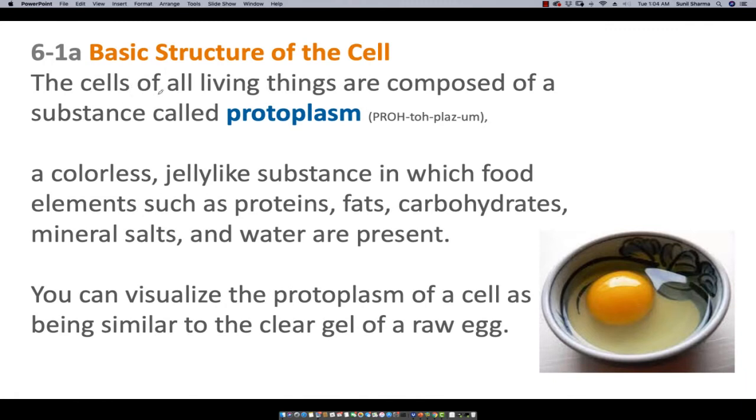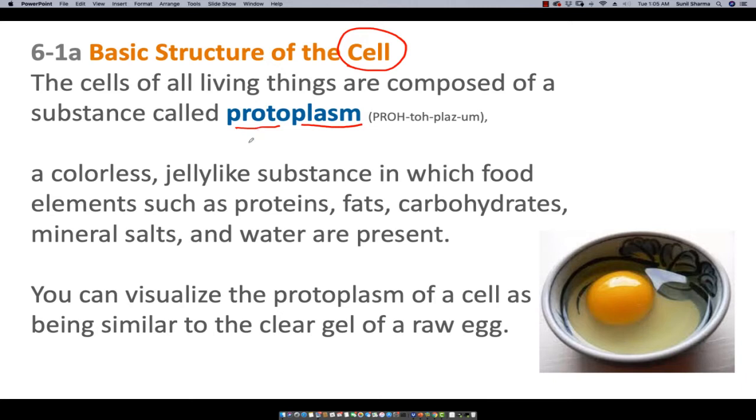So what is a cell? How is a cell built? What is it made out of? So the cells of all living things are composed of a substance called protoplasm.